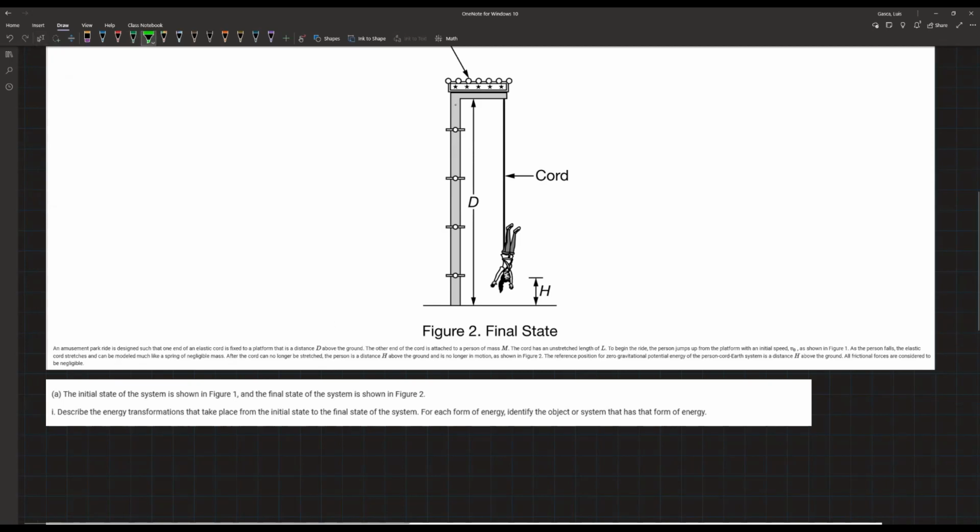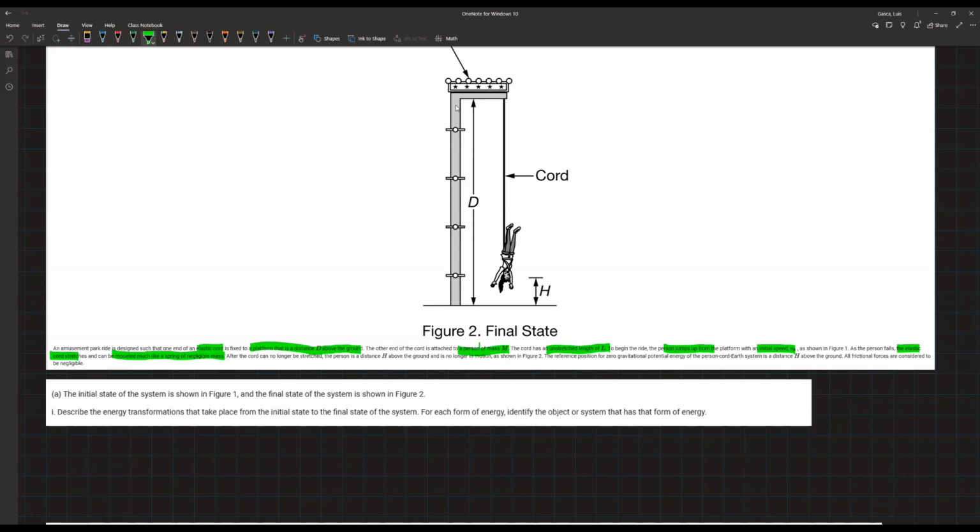So let's go ahead and start highlighting some of our main information. The other end of the cord is attached to a person of mass m, and the cord has an unstretched length of L. To begin the ride, the person jumps up from the platform with an initial speed v original as shown in figure 1. As the person falls, the elastic cord stretches and can be modeled much like a spring of negligible mass.